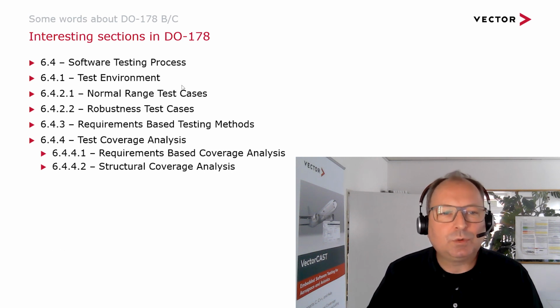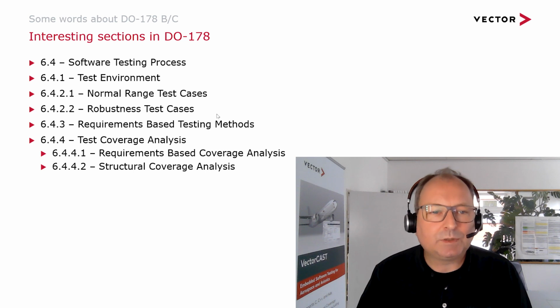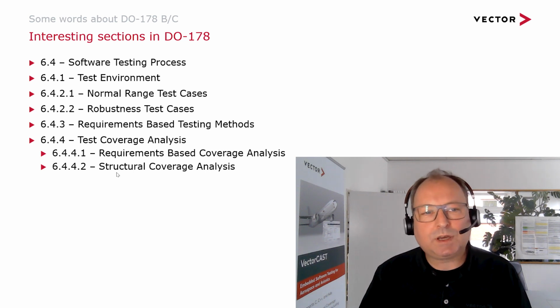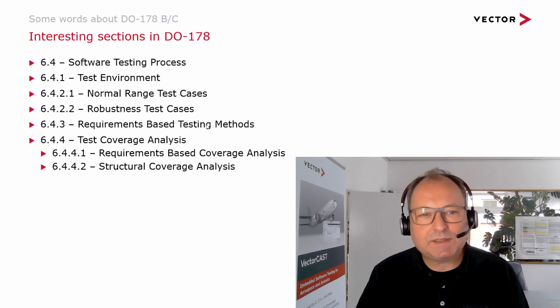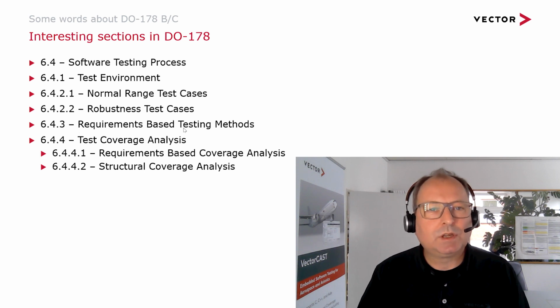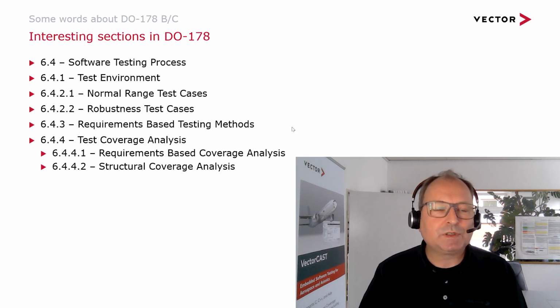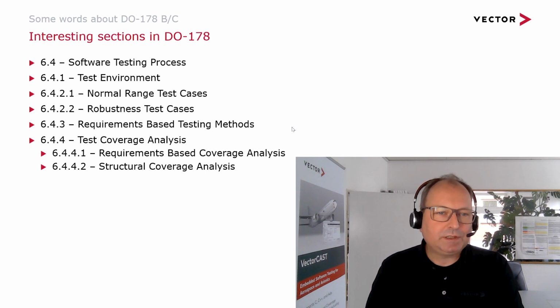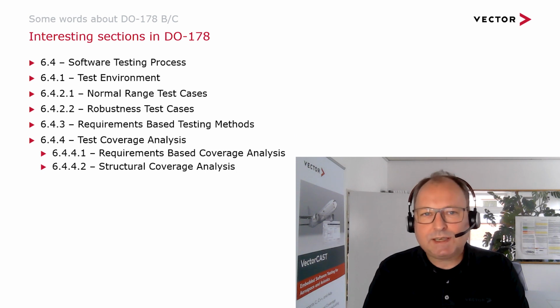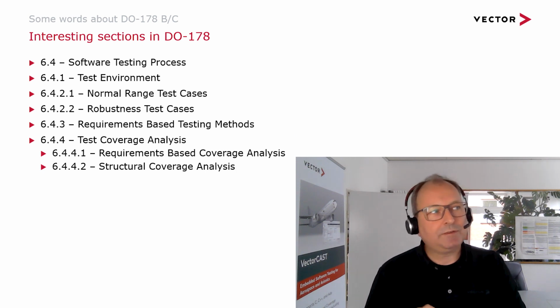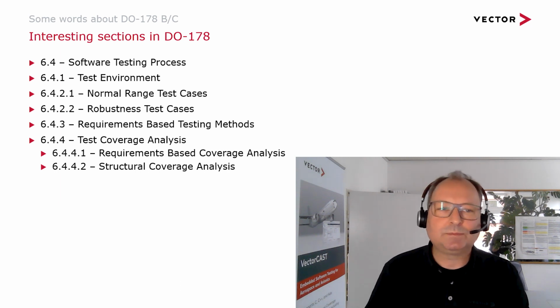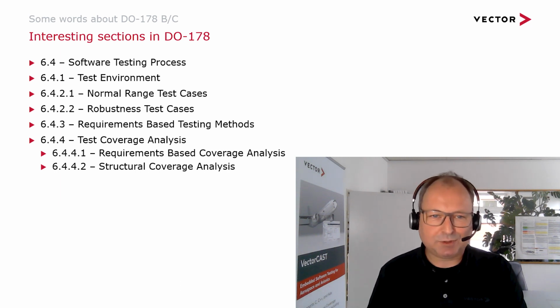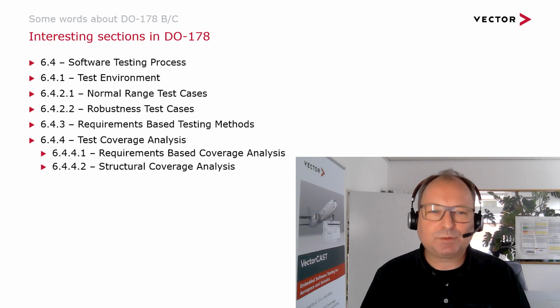I will not go into details of each of these sections, but one of the things that I will point out here is the requirements-based testing. So it is important in the DO-178 environments to have requirements traceability and to do functional test cases, to not derive test cases from the coding, but derive test cases from your requirements, from your functional requirements.